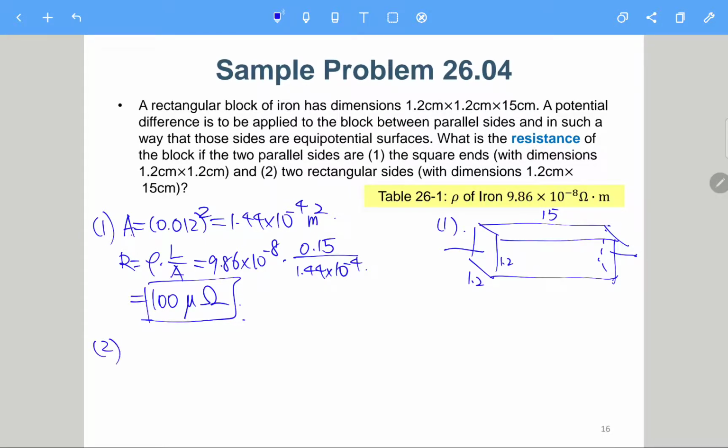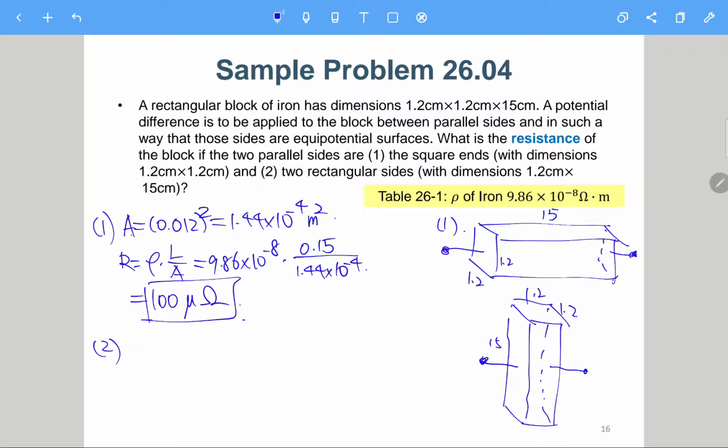And for the second case, we consider the resistance like this, and we consider these two points. So this is 1.2, this is 15.